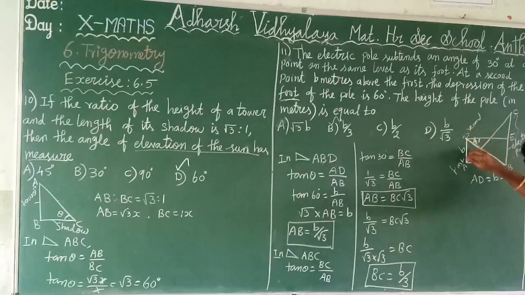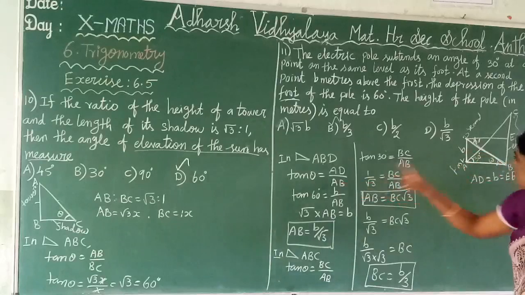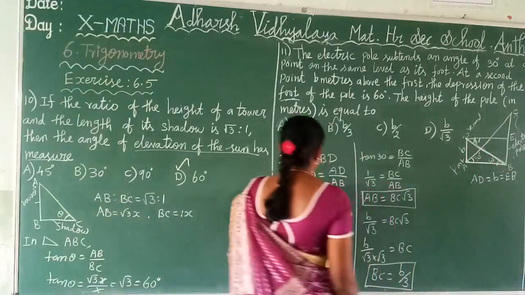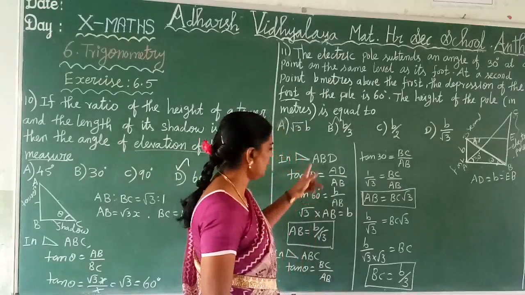Here theta is 60 degree. With theta, this is the opposite side and this is the adjacent. So tan theta is equal to AD by AB. Clear? So we select right angle triangle ABD.